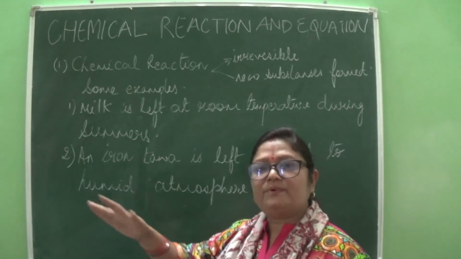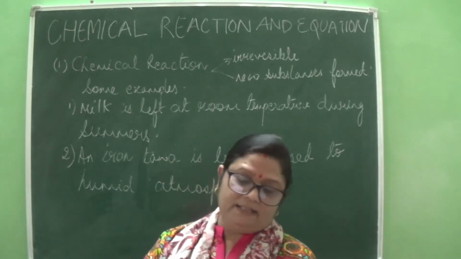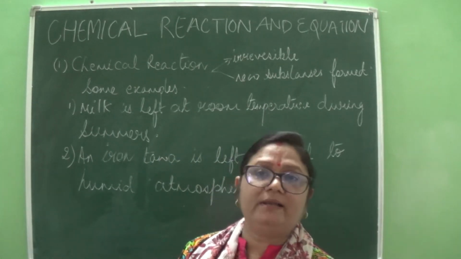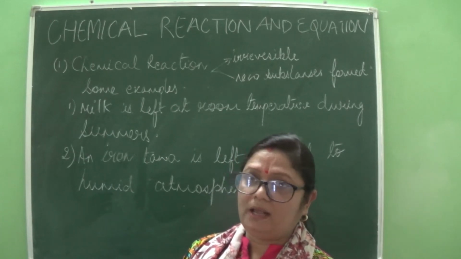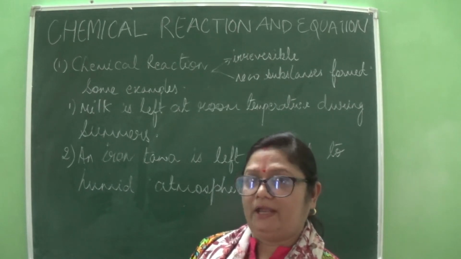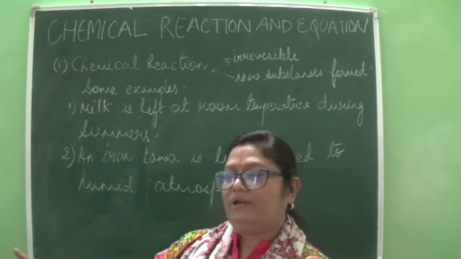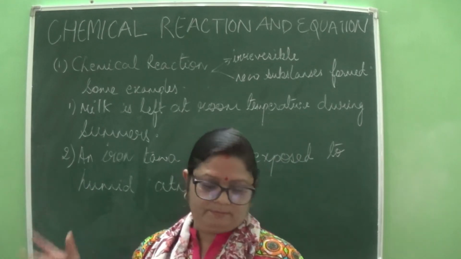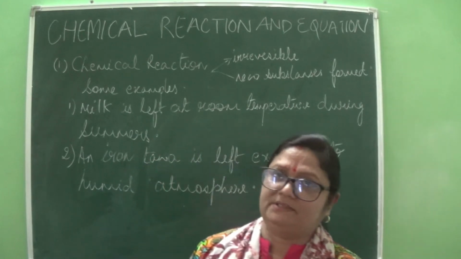Some other examples are also given in the NCERT, like the grapes that are fermented. Here also, bacteria play a great role in changing the constituents of grapes into their fermented form, or alcohol form.